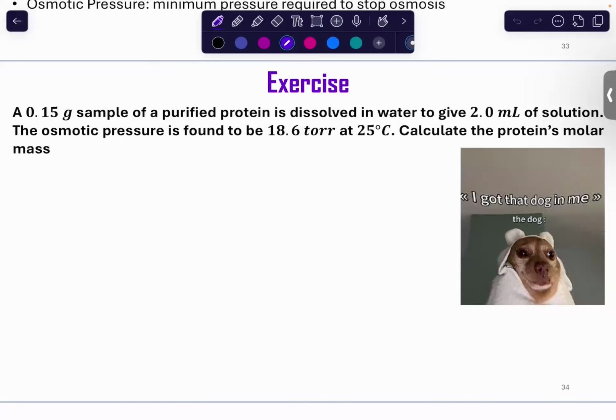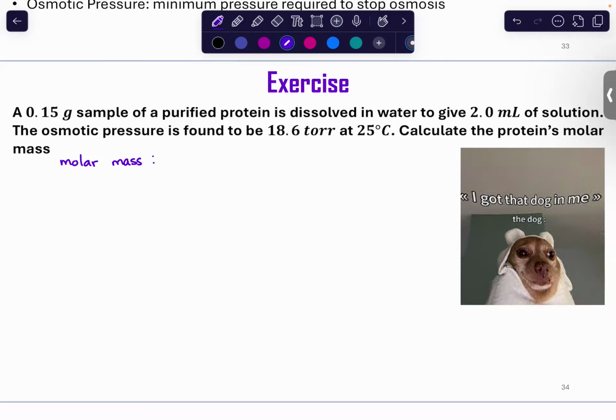Okay, so you have a 0.15 gram sample of purified protein dissolved in water to give 2 milliliters of solution. The osmotic pressure is found to be 18.6 torr at 25 Celsius. Calculate the protein's molar mass. So again, what is molar mass going to be in?